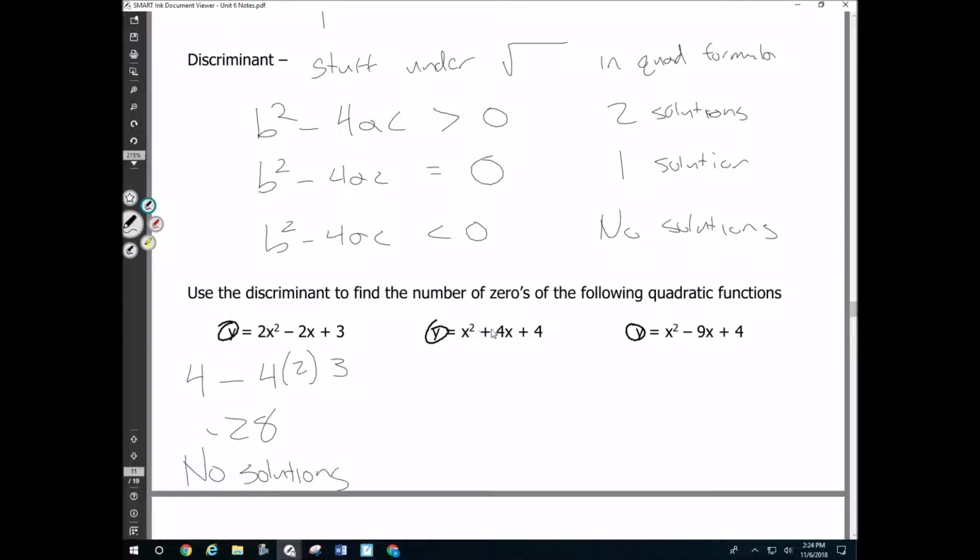Figure out, for these two, how many solutions are there? I don't care what the solutions are. I just want you to tell me how many there are.